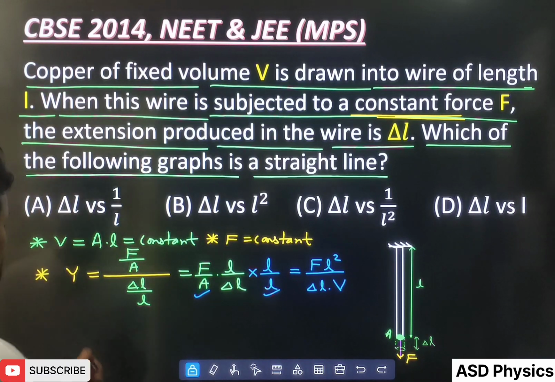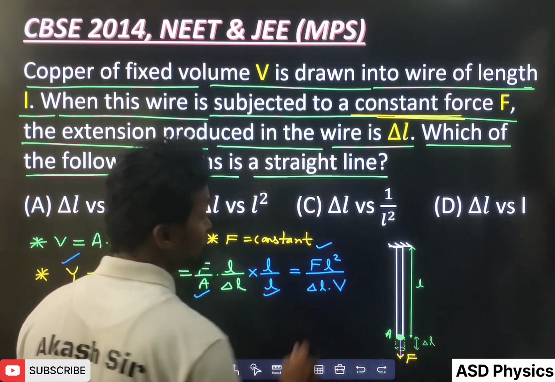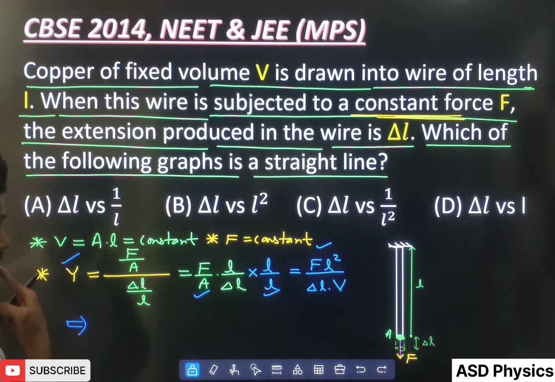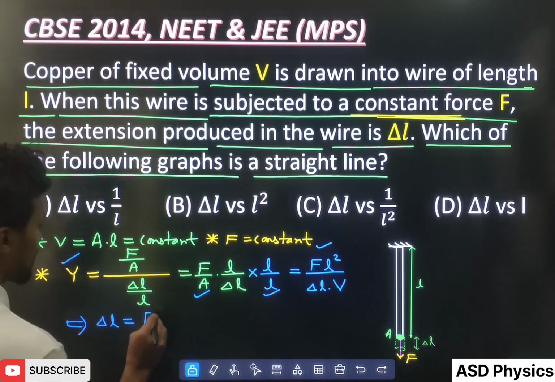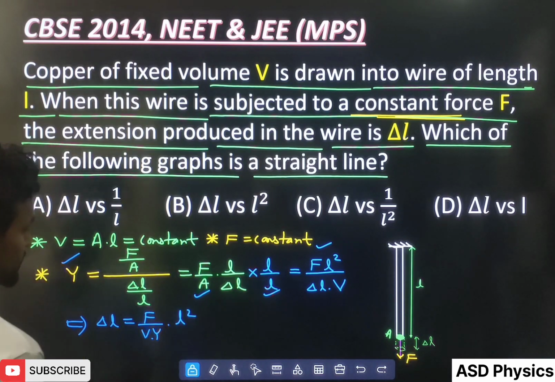Okay. Now next step, because you know very well Y equals this one. So if I write here delta L, what is delta L? If I simplify this here, delta L will come as F by V into Y into L square. So you can see very well, F by VY.